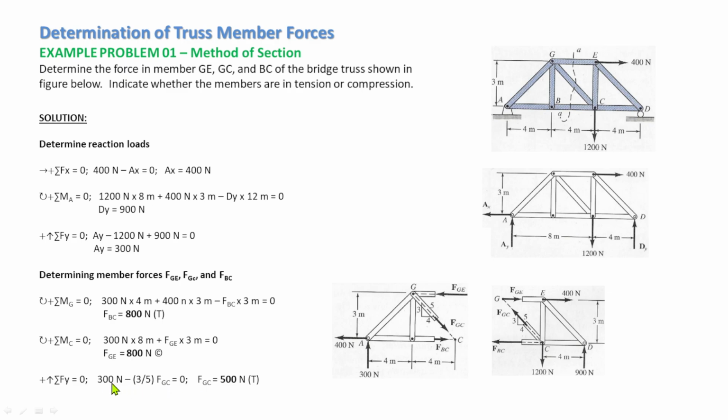So we have 300 positive minus the vertical component of force GC. The vertical component of force GC is 3/5, you see here, equal to 0. So FGC is 500 newtons. That is tension, as assumed in the free body diagram. So we have calculated the required axial forces of the truss members.